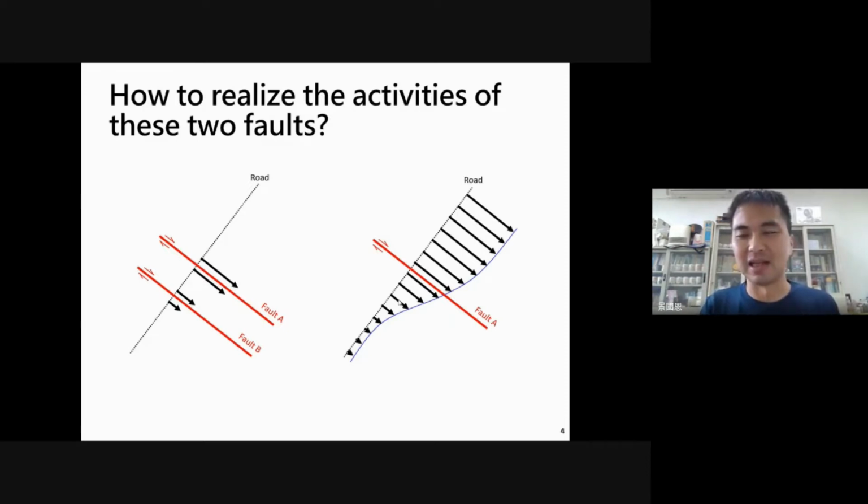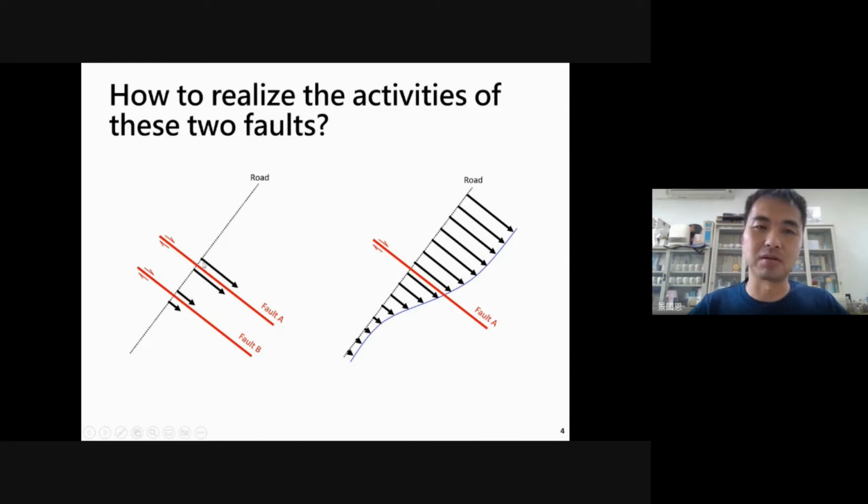You know, I always like this example because it shows you a very good concept: when we try to understand the mechanisms of faults, or the mechanisms of any sources, we should not just calculate the difference using very few points, like these two points.